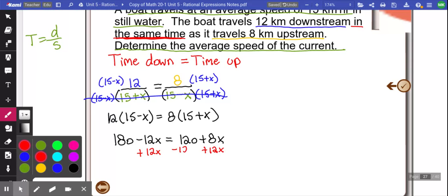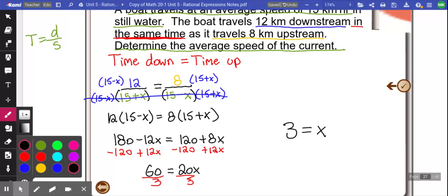I'm going to subtract 120 from both sides. That gives me 60 equals 20x. Divide by 20, and I get that 3 equals x. The speed of the current is 3 kilometers an hour. The setup's the hard part. I know you can solve those, right? But the setup is where you really need to focus.